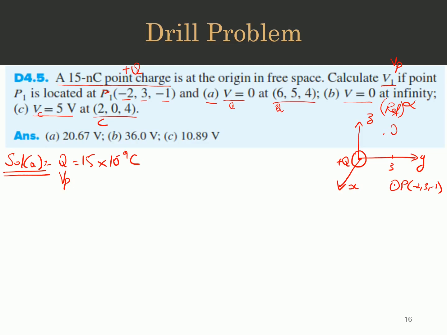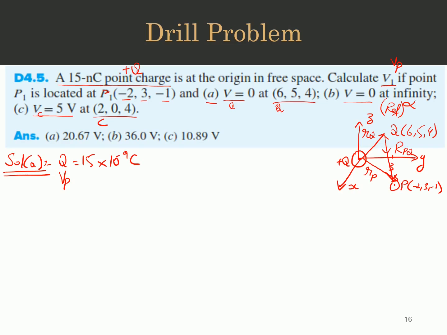So let me call this Q. It will be 6 for X, 5 and 4. So this is at point Q. So we can draw the distance vectors. Let me call this R of Q, and from origin to P is R of P. We can also find the direction from Q to P because we need to find potential at P. Let me call this R PQ.